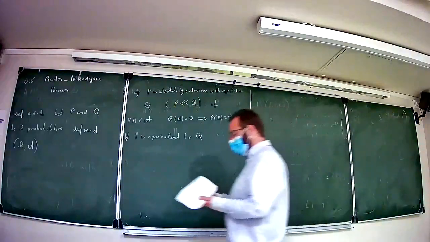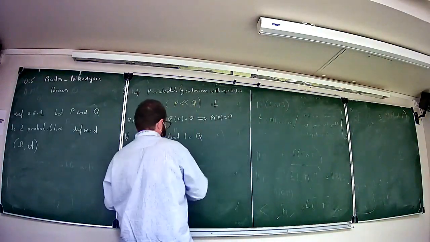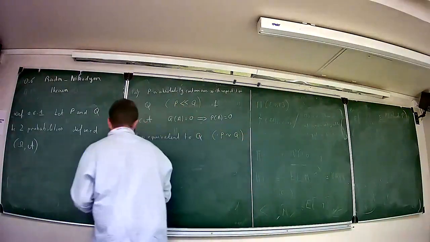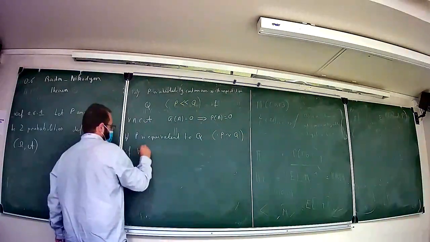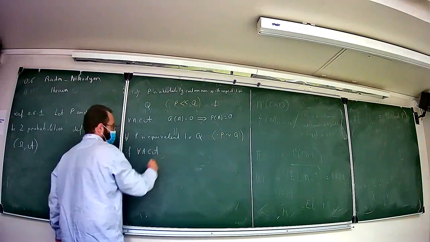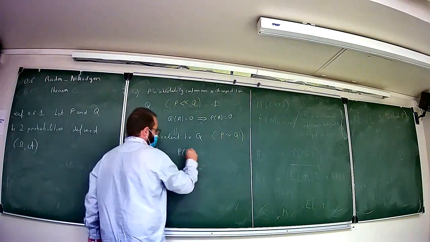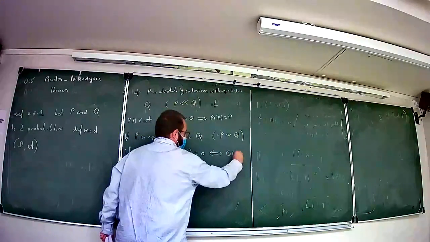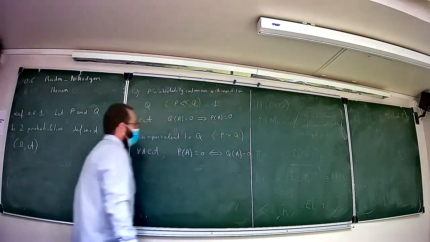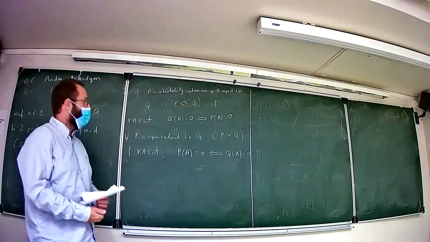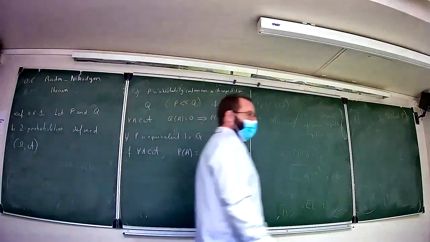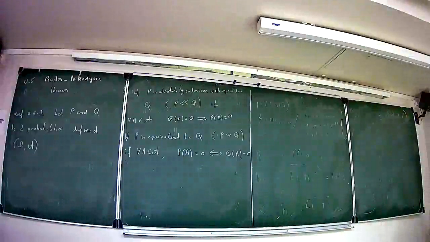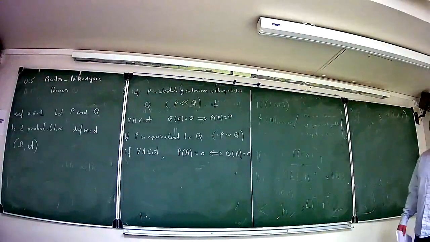P is equivalent to Q, and we write P equivalent to Q, if for all A belonging to calligraphic A, in fact, P of A equal to 0 is equivalent to Q of A equal to 0. So it means that in this situation, Q and P are equivalent if P is absolutely continuous with respect to Q and if Q is absolutely continuous with respect to P.